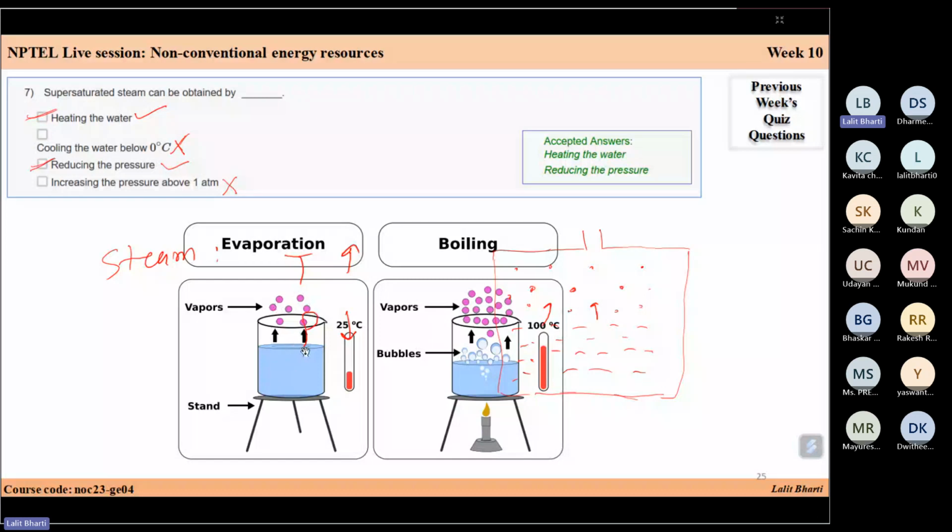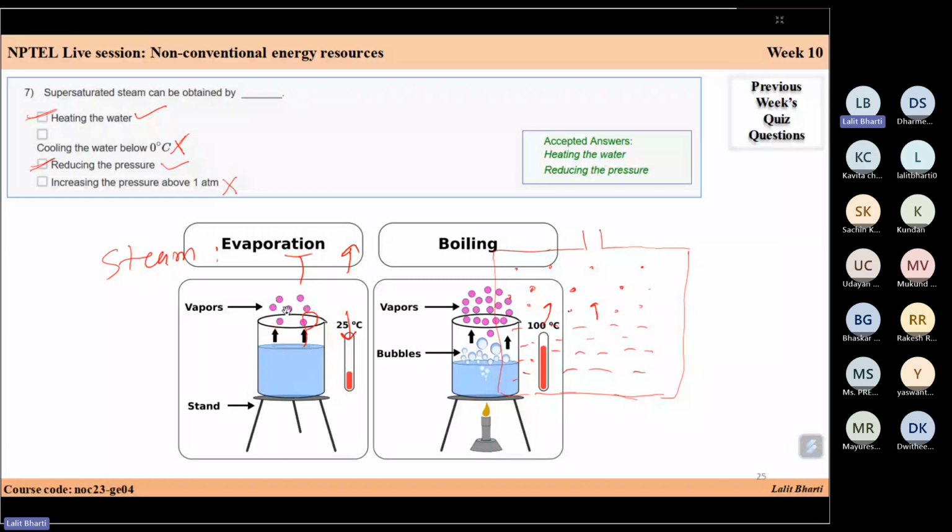At the time when you are increasing the temperature, the vapor pressure will increase, meaning more molecules will go from the liquid phase to the gaseous phase. At some point, your vapor pressure will be equal to 1 atm, your atmospheric pressure.